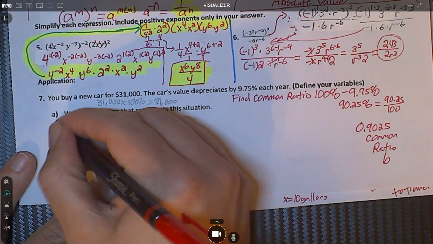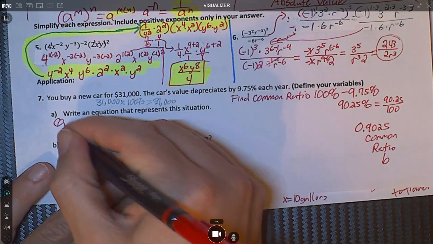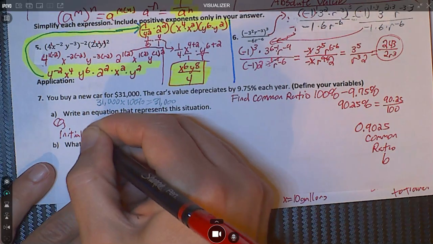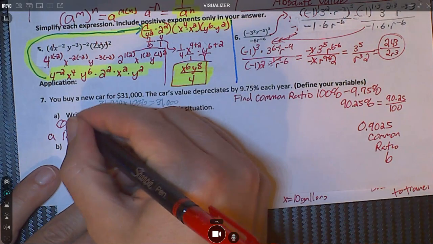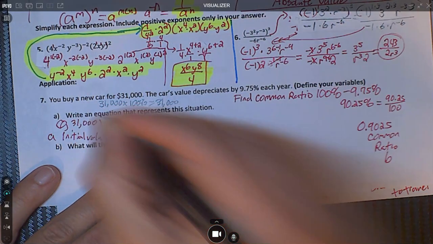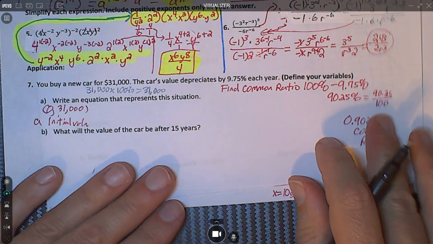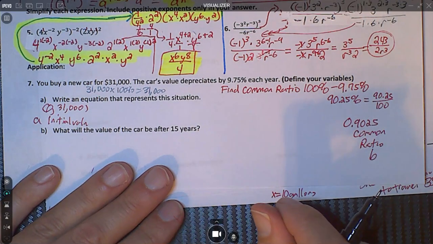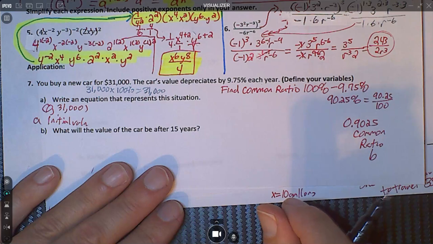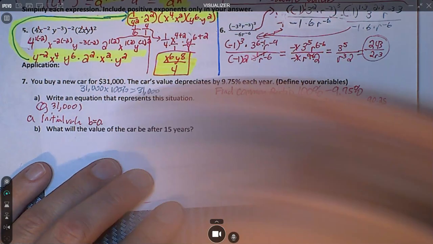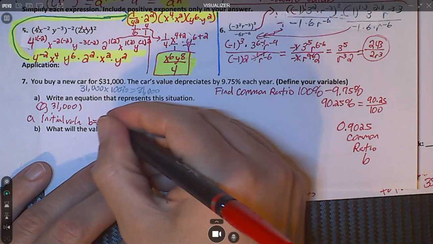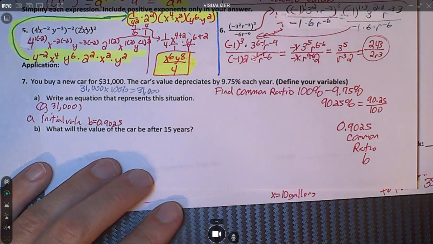Okay, the ordered pair, the initial value a is 31,000. So from like the quiz, that's what it asks them: what's an ordered pair you can get to show the y-intercept? That's what you keep multiplying everything by to get the next value.